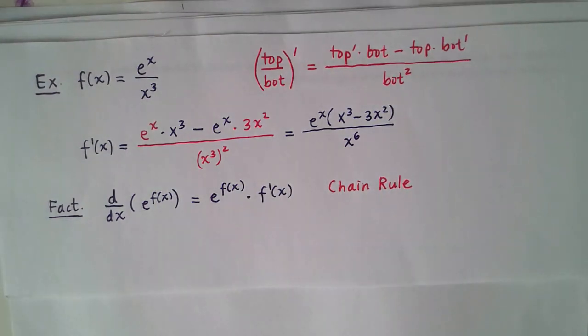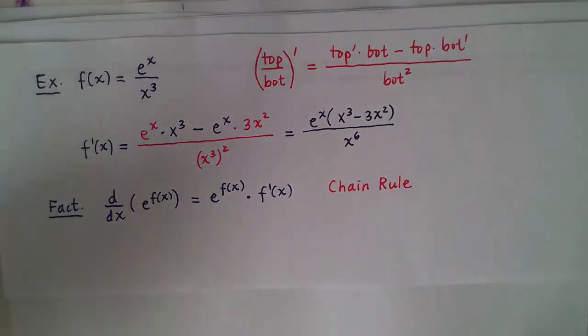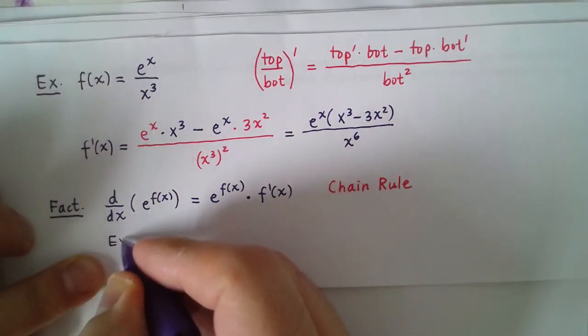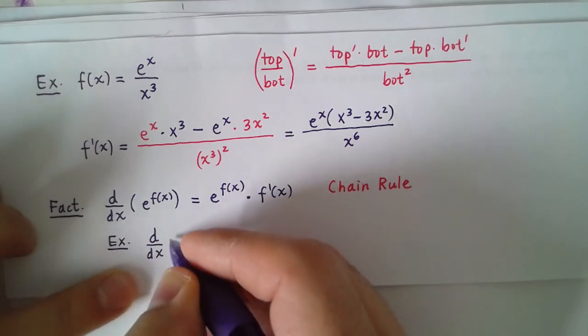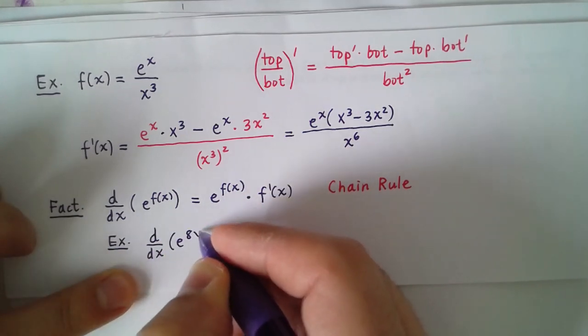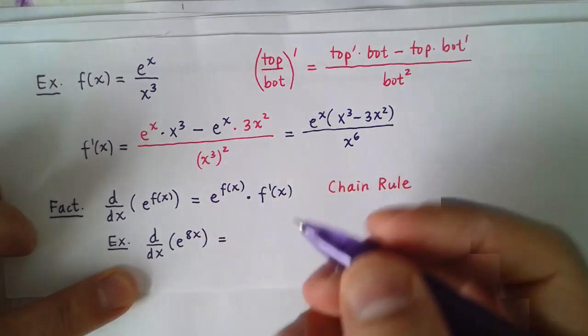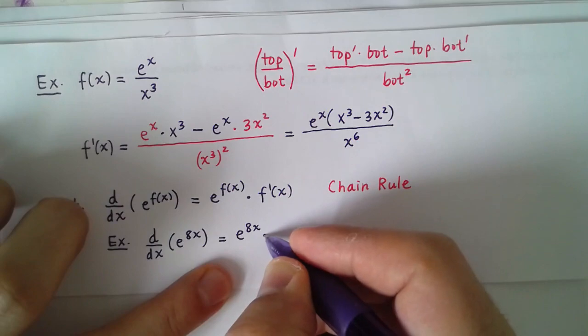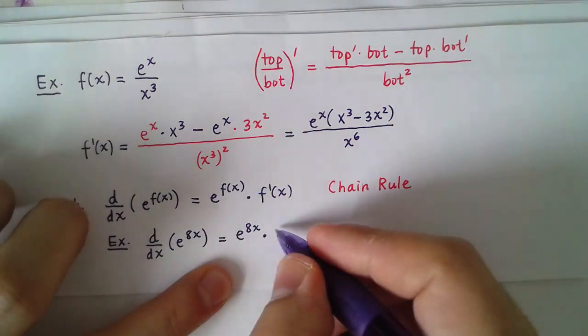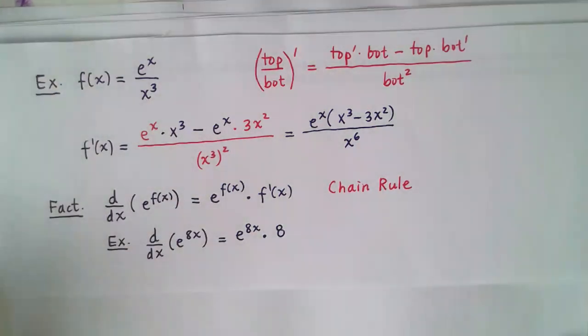Like a basic example, consider taking the derivative of e to the 8x. That's going to be itself first, e to the 8x, and multiplied by the derivative of the exponent, which is 8. So just keep that in your mind.